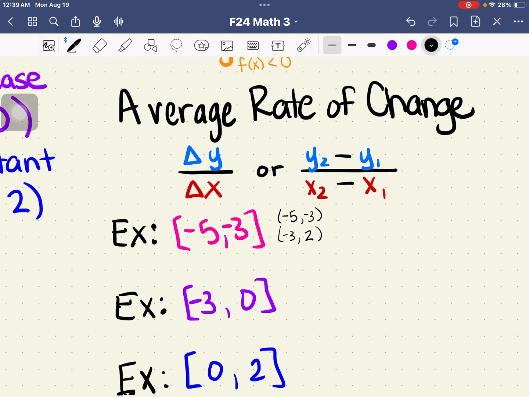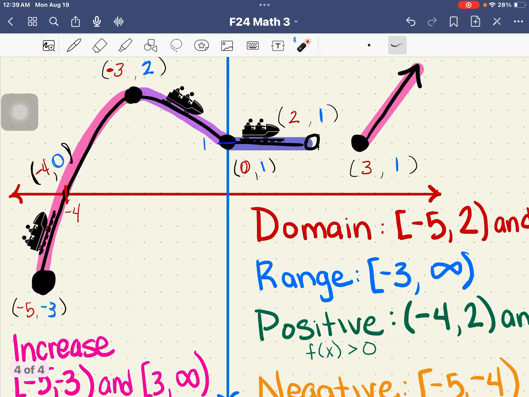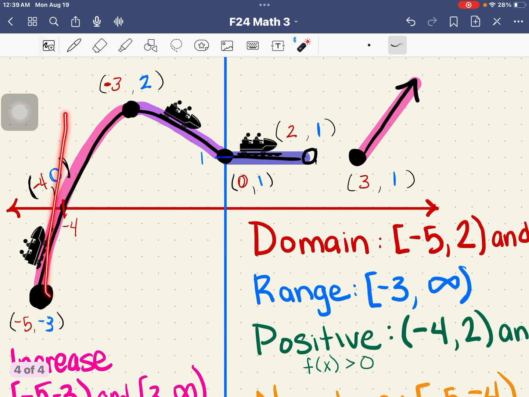And then we just do our slope formula. So we're going to take our second y, subtract our first y, over our second x, subtract our first x. Or you could look at what's the rise and what's the run. How much did it rise? How much did it run?